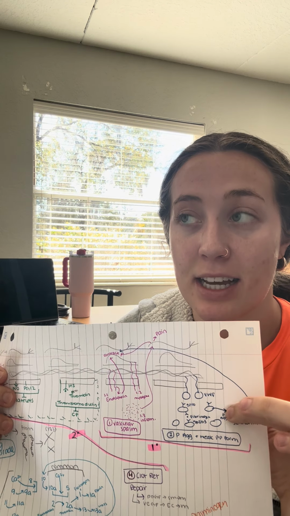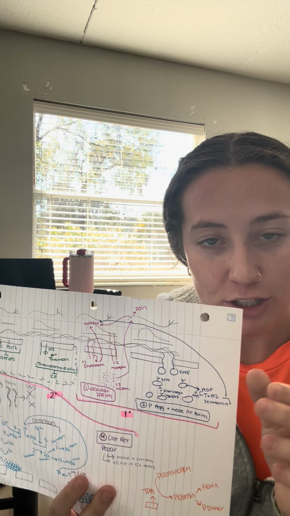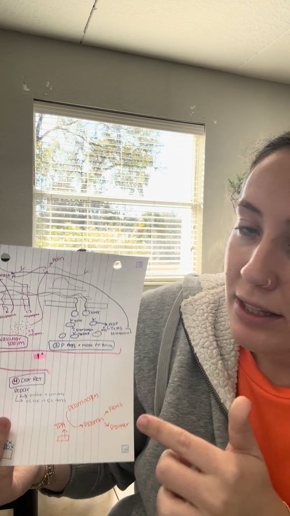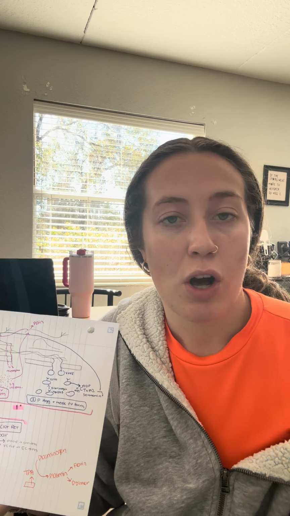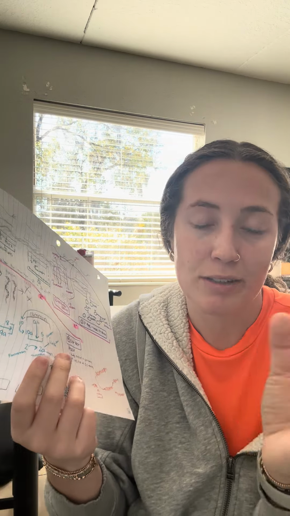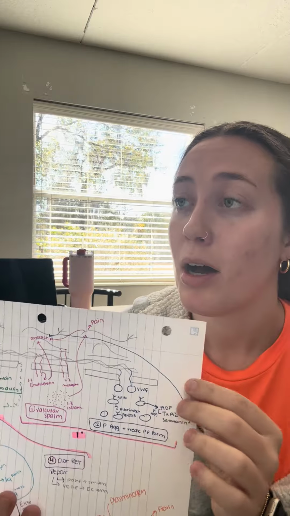And then the second stage is platelet aggregation and weak platelet plug formation. Platelet aggregation, like we discussed, is calling other platelets to the site so you can create a weak clot around that cut. So not only do platelets need to get turned on, but they also need to be told where to go.